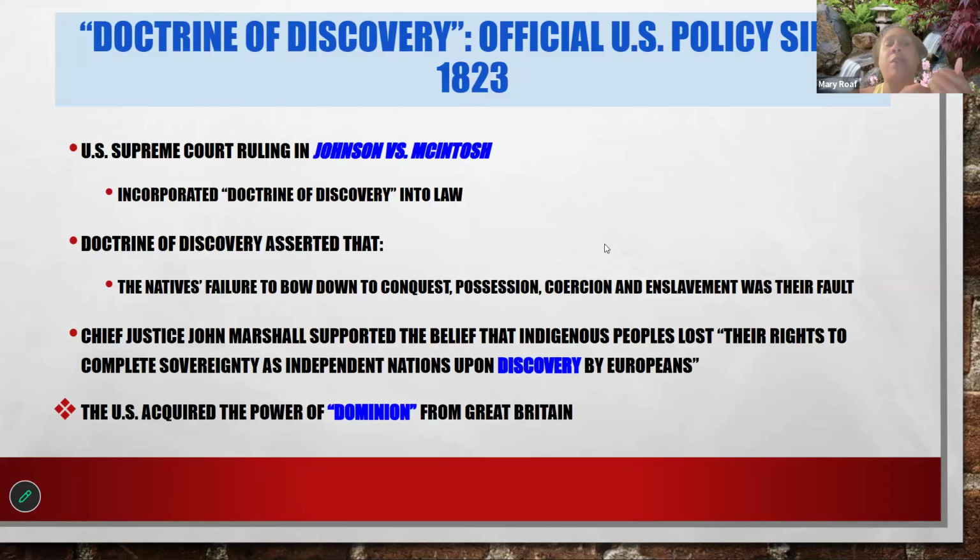when it comes to the narrative and the rhetoric and the justification of the Doctrine of Discovery. At the time, Chief Justice John Marshall, who was the Chief Justice of the U.S. Supreme Court, actually supported the belief that those native or indigenous to Turtle Island lost their rights to complete sovereignty as independent nations upon discovery by Europeans, quote unquote.